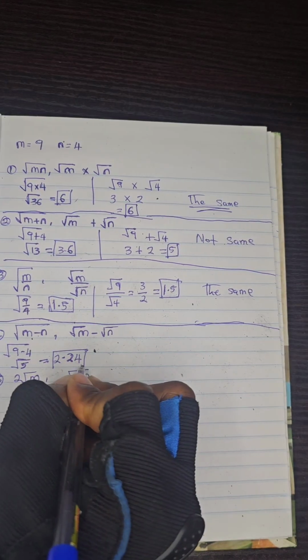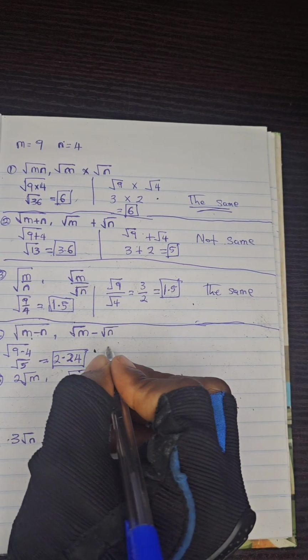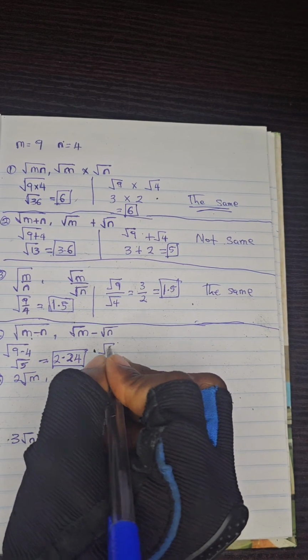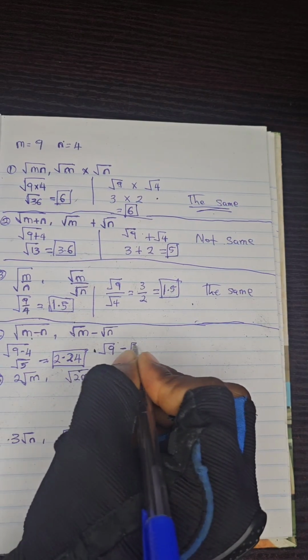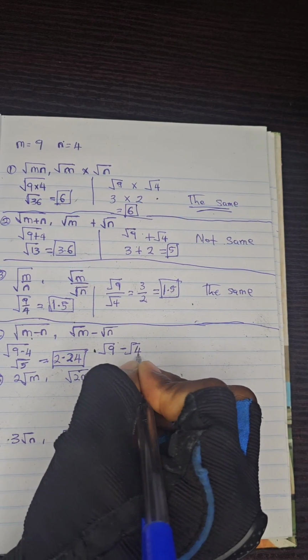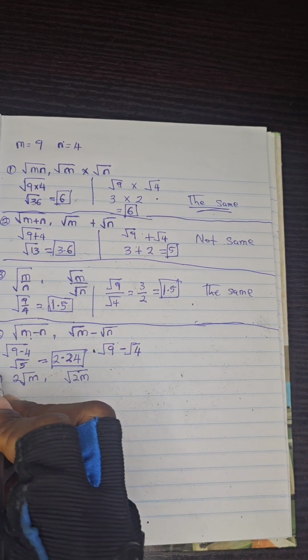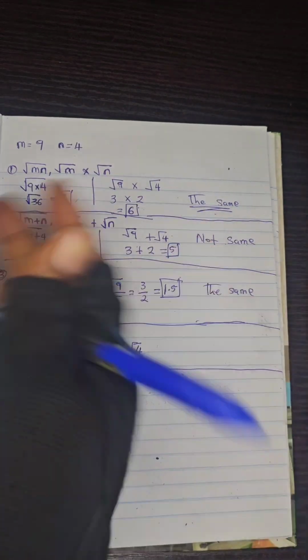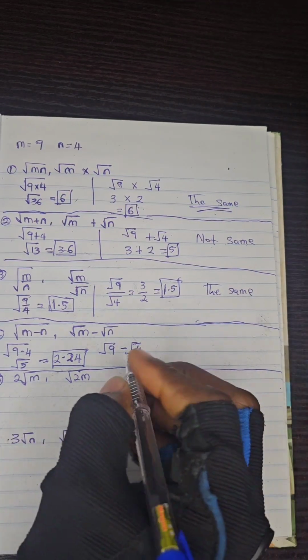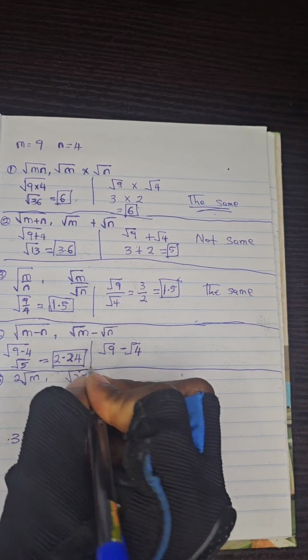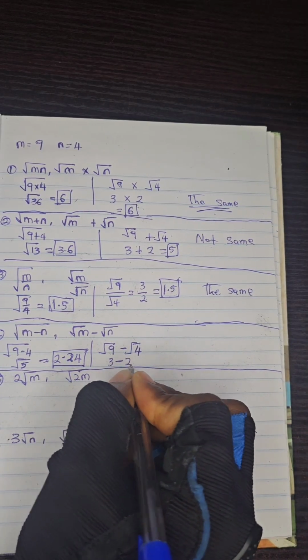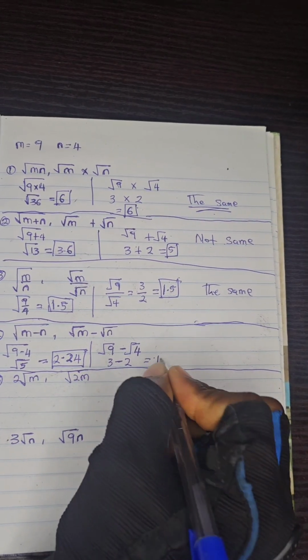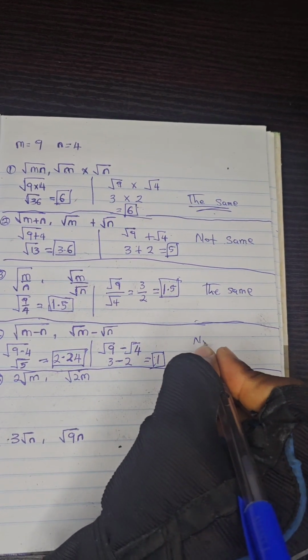While on the other hand, we have square root of 9 minus square root of 4. It's just an introduction class, so sorry for the roughness. We are going to get 3 minus 2. The answer is 1. So this is not the same.